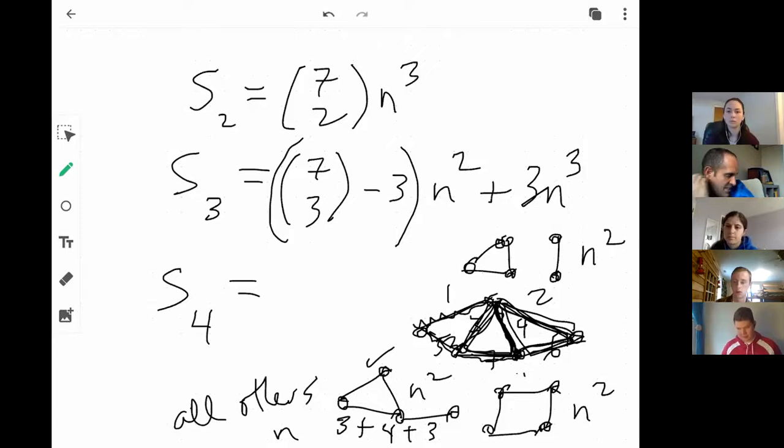How many triangle isolated edge situations are there? Just 2. There's the leftmost triangle with edge 6, and there's the rightmost triangle with edge 5. So there's 2 of these. How many of the square situations are there?